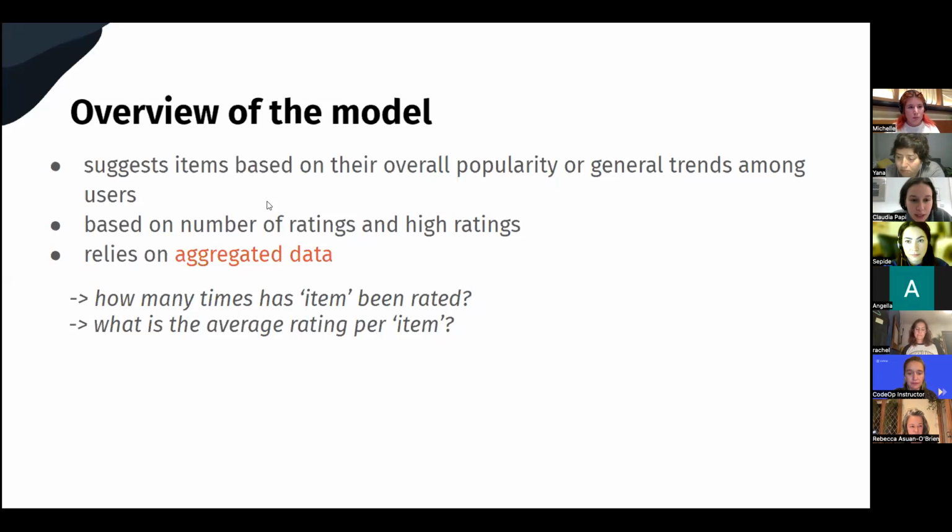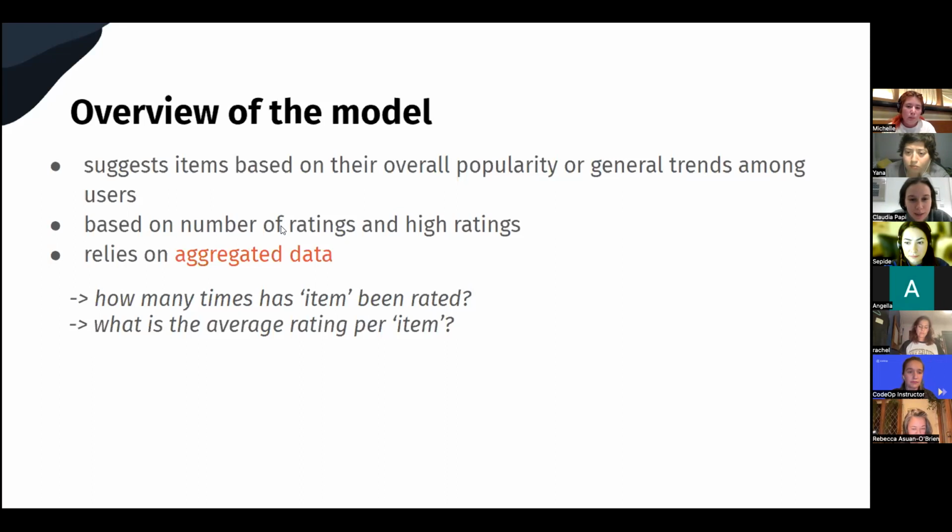It also relies on aggregated data. What that means is that every time a customer likes an item or buys an item, that click goes into a data set and it adds up. So, for example, for a book, you have 5 ratings, maybe from 2 customers, and so on.